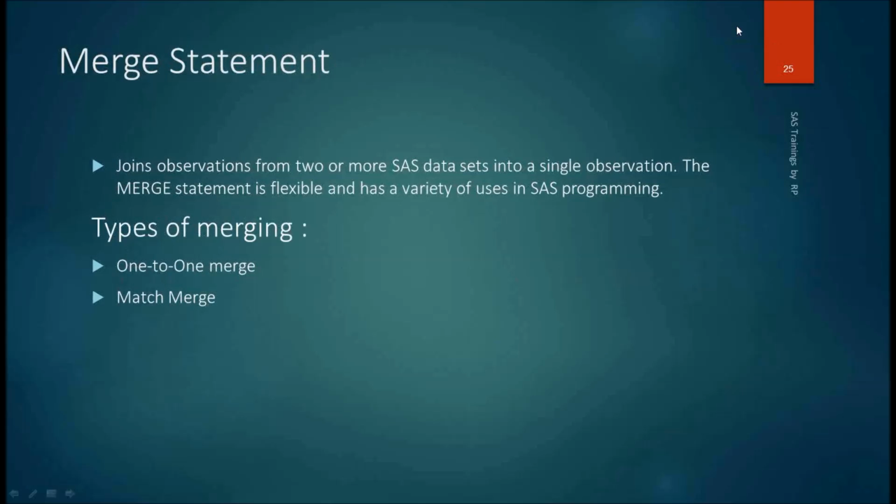The MERGE statement joins observations from 2 or more SAS datasets into single observations, which means you can create a dataset from many datasets. So you can join more than one dataset together and you'll get information from different sources. There are 2 types of merging, one-to-one merge and match merge.